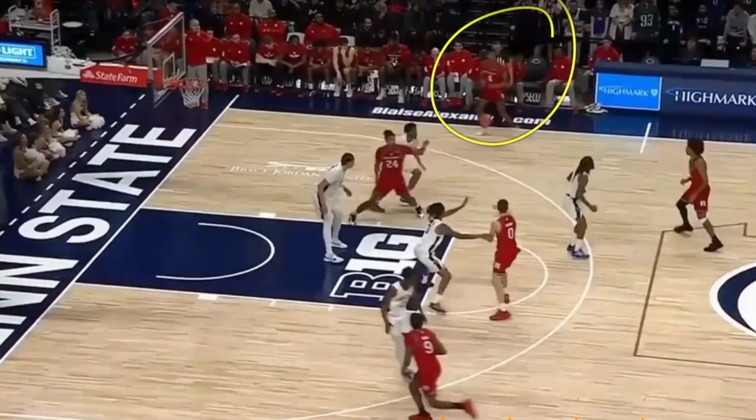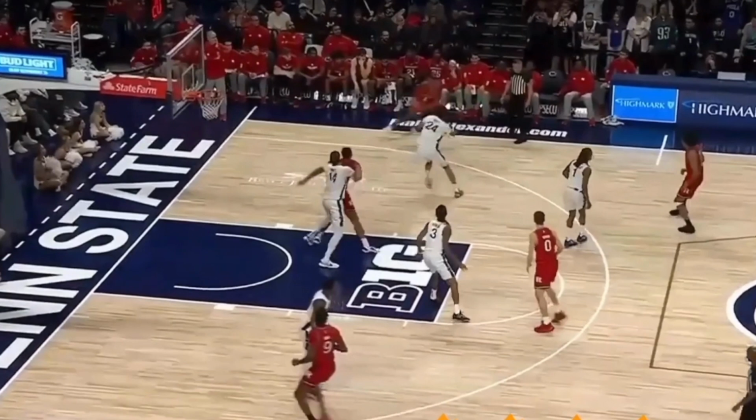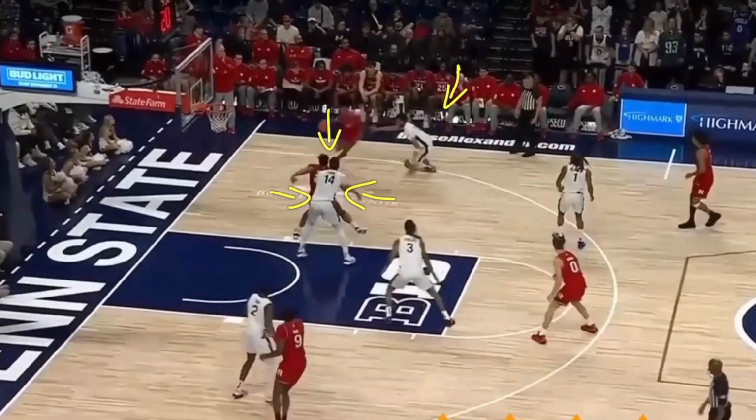Okay, so here is Ace Bailey up at the top of the screen, and there's a few things that he does when he receives that pass. Well, number one is he is reading the defense, and it's not as what you may think. He is not just reading his main defender right here, he is also reading what this guy is doing here. At this point, when he starts driving, now he has to pay attention to not just those first two defenders.